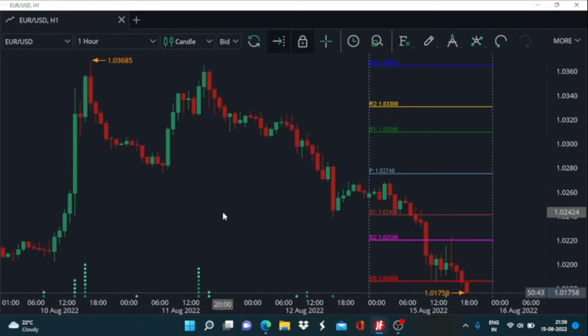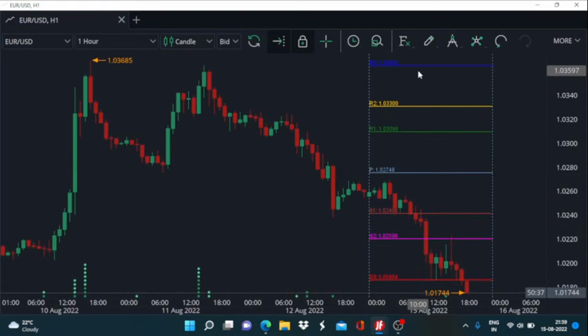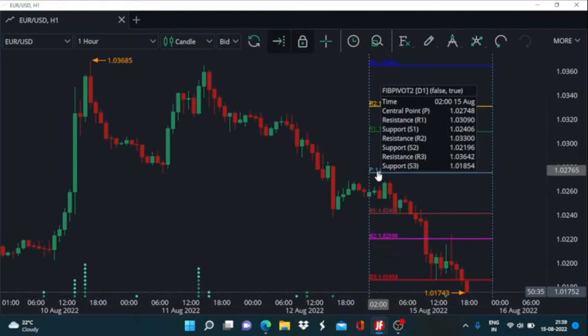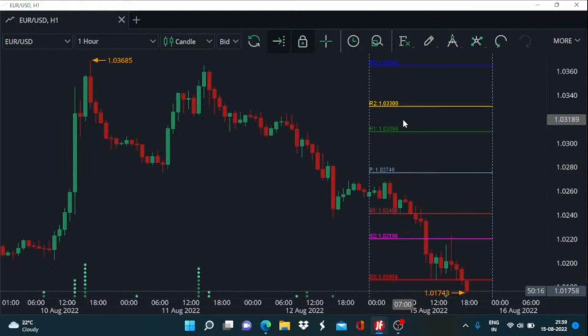We consider the price volatility in the prior day, and on the basis of that we get these levels drawn for the current day's trade setup, where we consider the pivot point, the central point, to be a dividing factor, or you can say a deciding factor. The price movements above it are considered bullish, whereas the price movement below it are considered bearish. So this is a key marker in this whole setup.